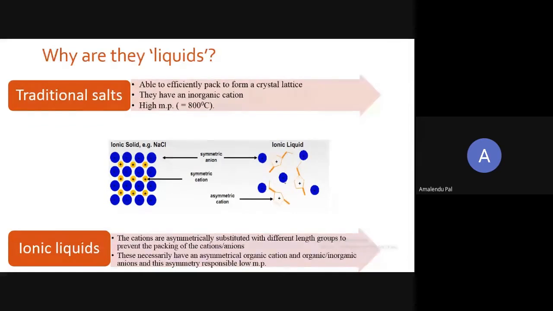Asymmetry is responsible for movement in the ionic liquid, but the symmetric arrangement in the ionic solid sodium chloride gives a high melting point of 800 degrees. Don't confuse all these things.